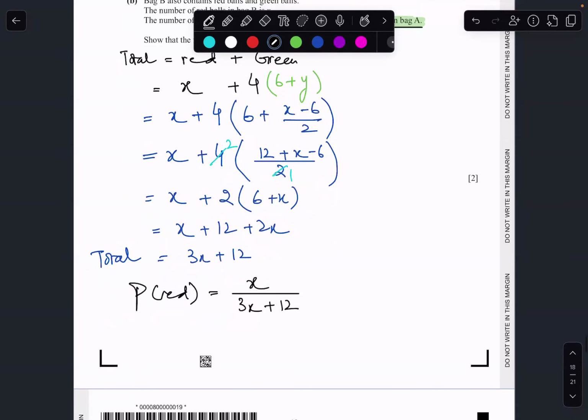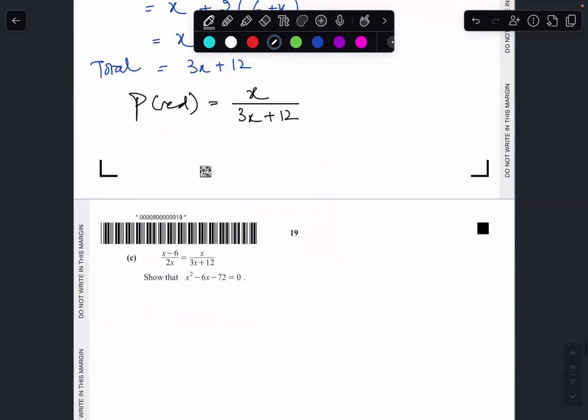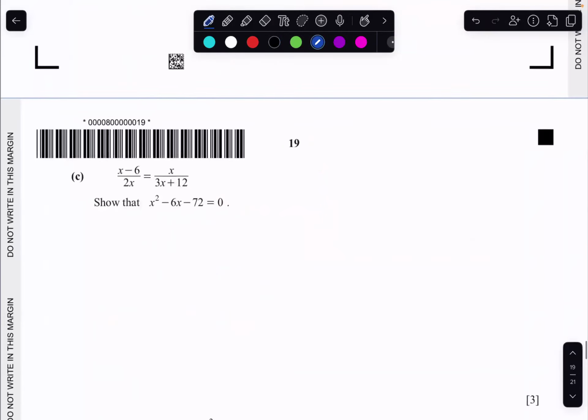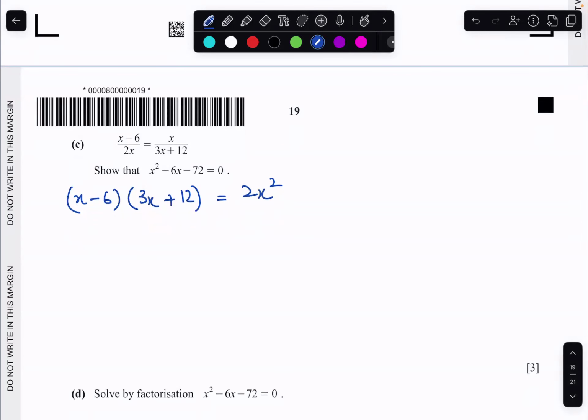Yes, Mohammed Amir, is that clear? Yes, sir. This one over here, we are going to cross multiply it and show that it matches this. So 2x squared, just cross multiply it.